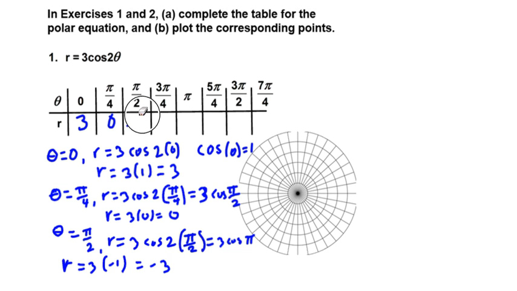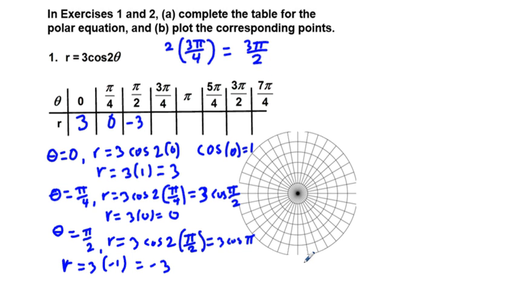And for 3 pi over 4, if we take 2 times 3 pi over 4, we have 3 pi over 2.